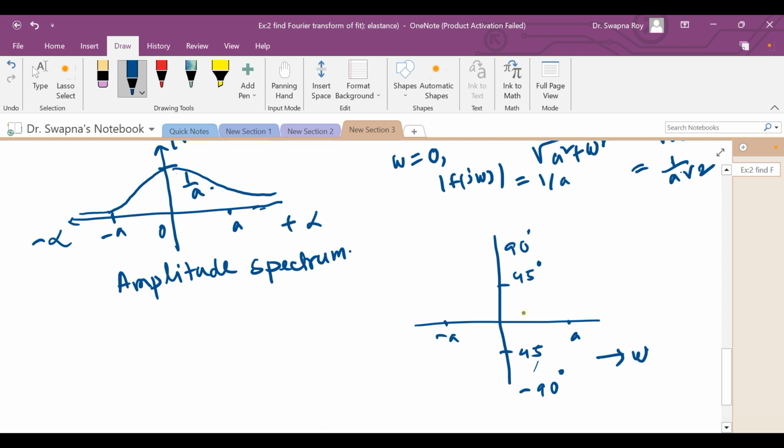Now the plot is like this. This is the phase spectrum.